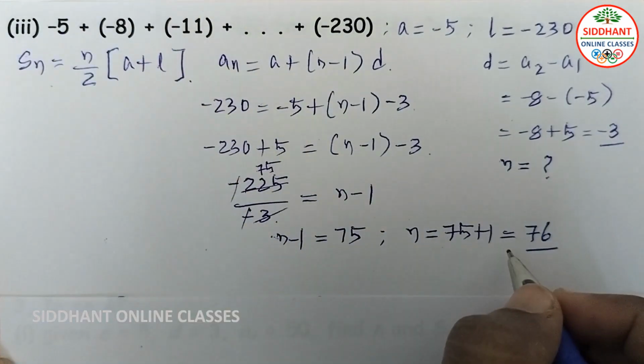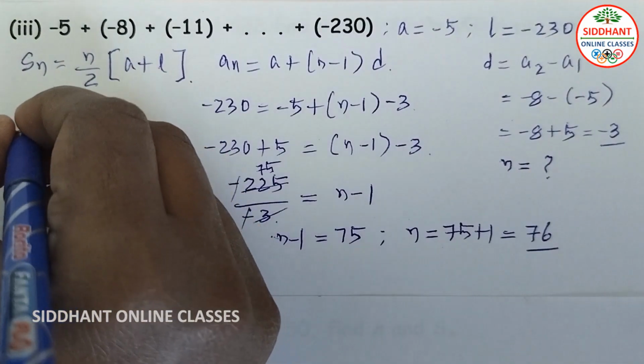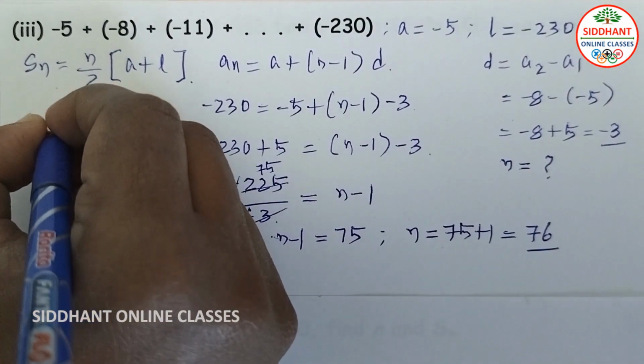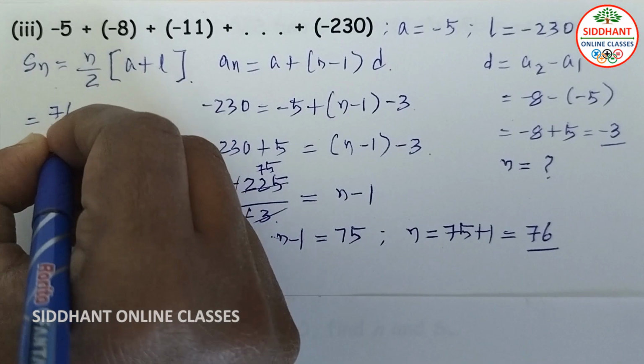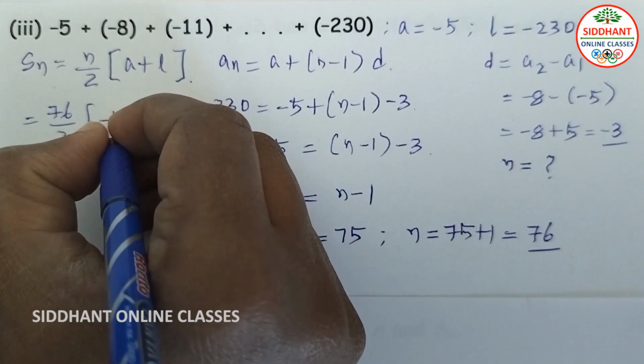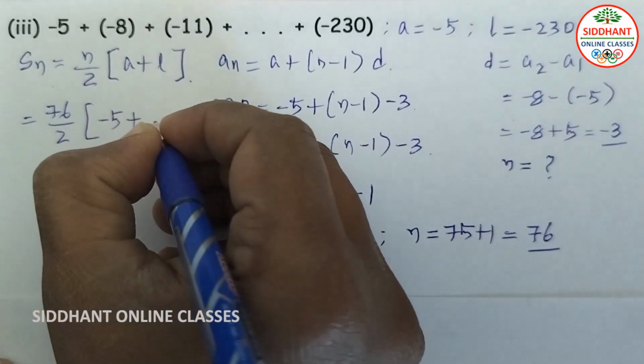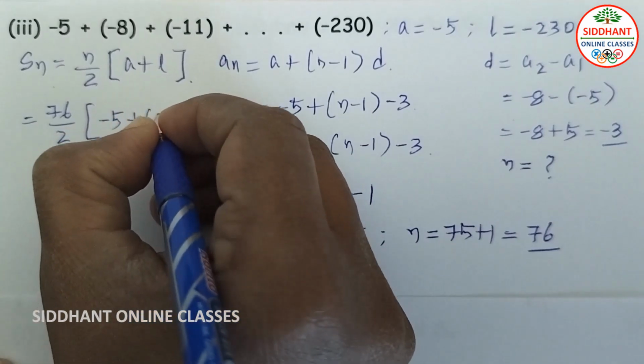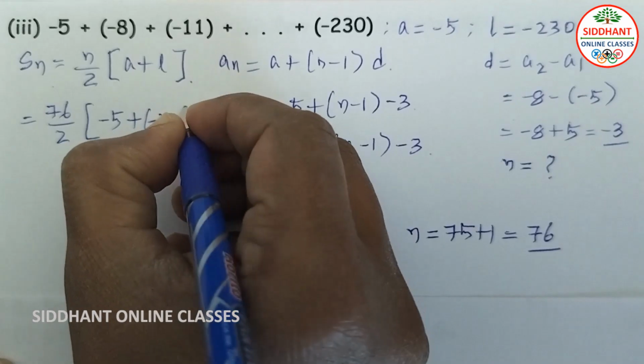So now putting the n value in the sum here, that equals n by 2, which is 76 by 2 here, a that is minus 5 here, plus l, minus 230 here.